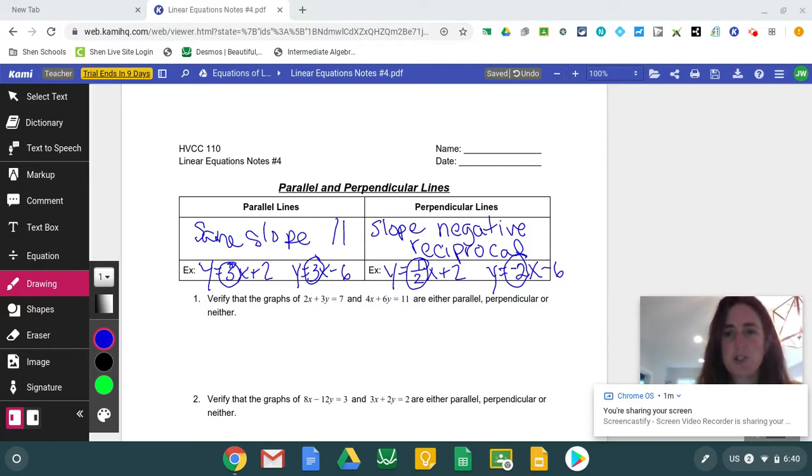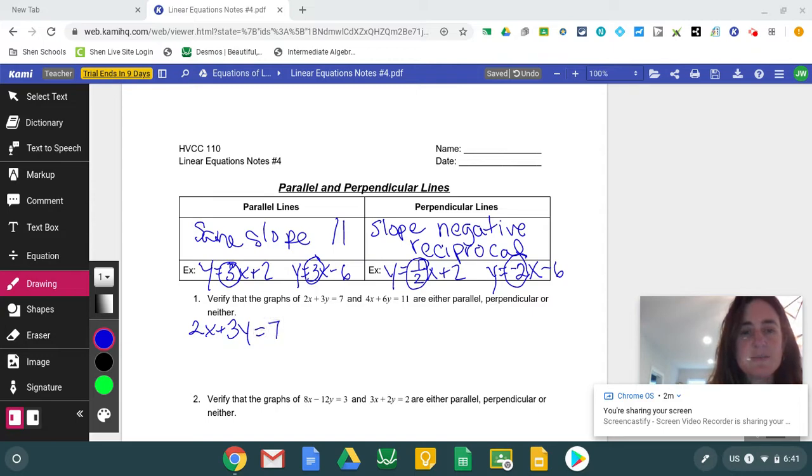Okay, let's look at the first one. It says verify these graphs are either parallel, perpendicular, or neither. So if you look at the first example, we got 2x plus 3y equals 7, and I have 4x plus 6y equals 11. Now the problem with these is they're not in the right form, and I can't see what the exact slope is right off the bat.